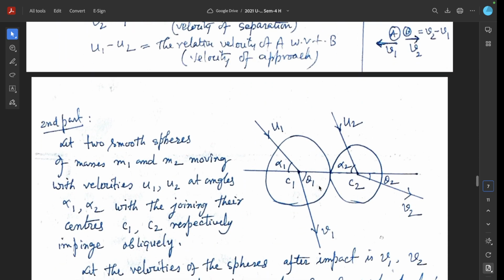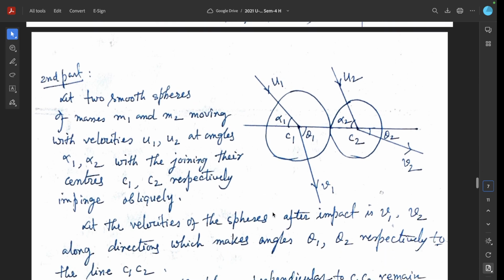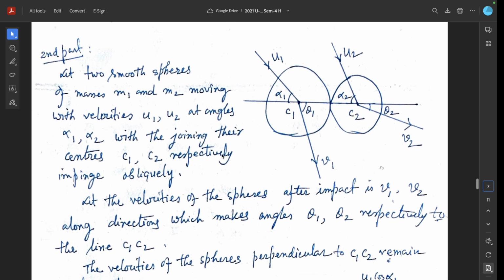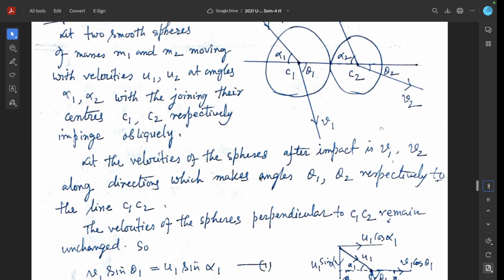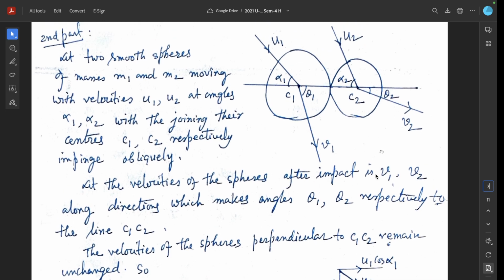Second part, the oblique impact. Two smooth spheres of masses m1 and m2 move with velocities u1 at angle alpha 1 and u2 at angle alpha 2 with the horizontal, and their centers C1 and C2 impact obliquely. The velocities of the spheres just after impact are v1 with angle theta 1 and v2 with angle theta 2.